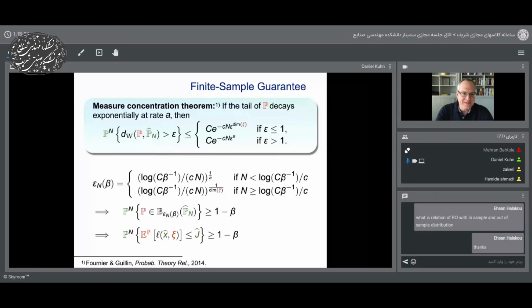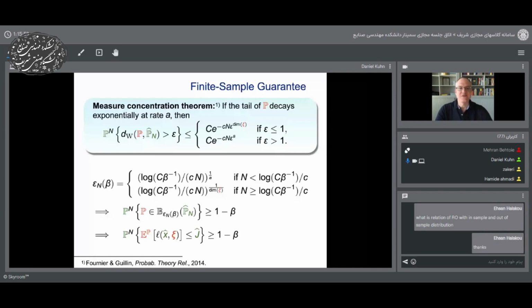The probability that the Wasserstein distance between the true distribution and the empirical distribution is larger than epsilon, for some positive epsilon, is small. It's exponentially small in the number n of training samples, but it is also exponentially small in the tolerance epsilon.